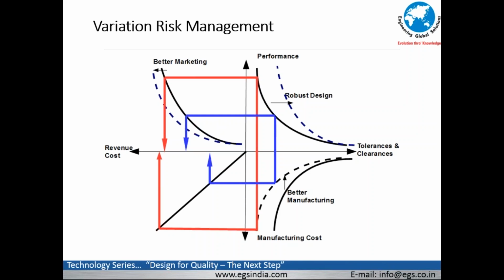So if we were to adopt a robust design practice, and if we were to use different threshold points on the graph, you will see the gap between the revenue and the cost widening, leading to a positive cash flow. In other words, the choice of the tolerances and the clearances and the better manufacturing practices are the ones which influence the differential between the cost and the revenue.